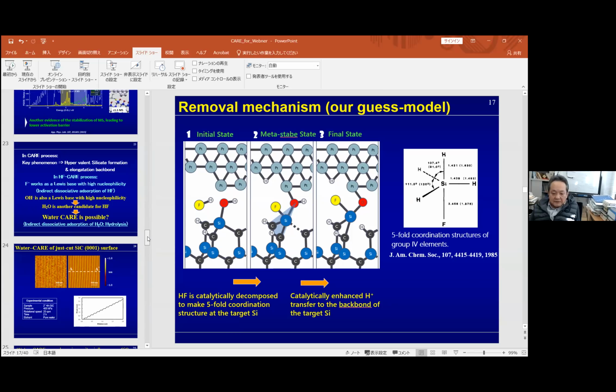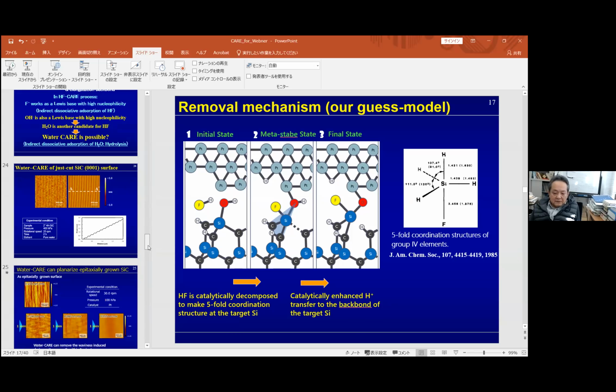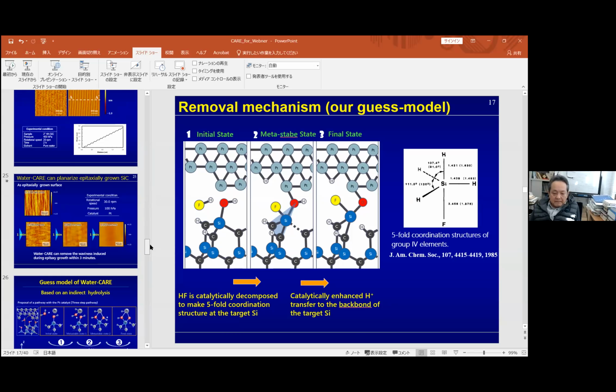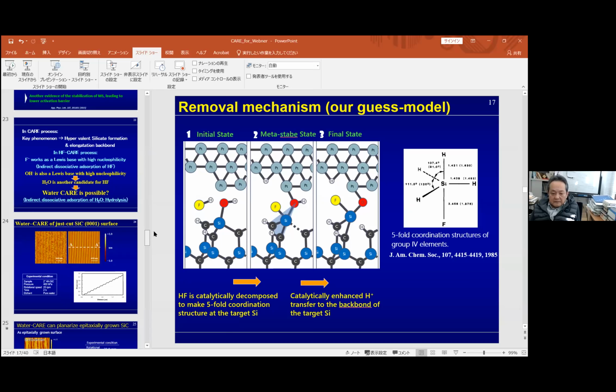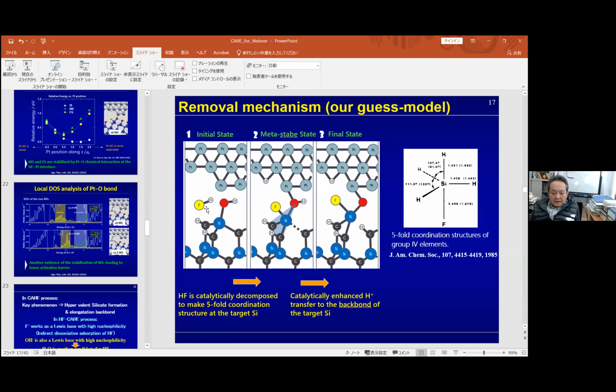So I have never thought about the charge in the HF case. Maybe in this case, one electron comes inside, but in this calculation we never removed the charge from this graph.